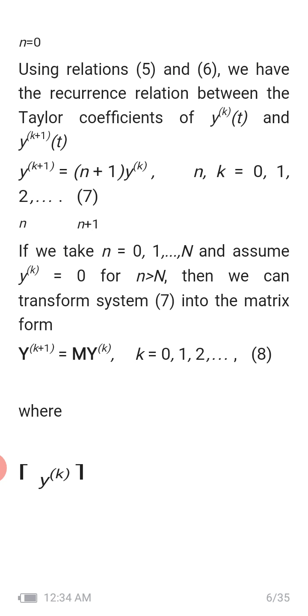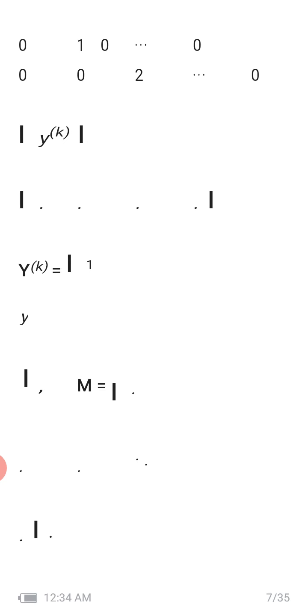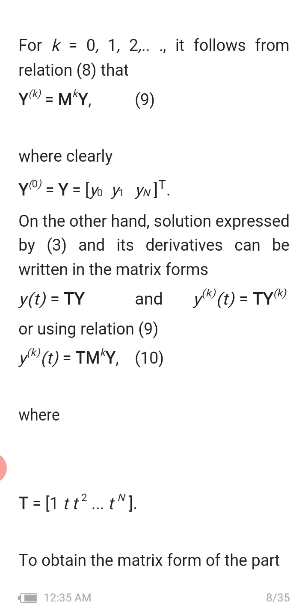Where gamma y of k is in the matrix form. Therefore, it follows the relation Y^(k) equals M to the power k times Y. It is clear that Y^(0) equals Y, that is the given matrix, y_0, y_1, y_N transpose. On the other hand, the solution expressed by equation number 3 and its derivative can be written in the matrix form, y of t equals this one, and so on.